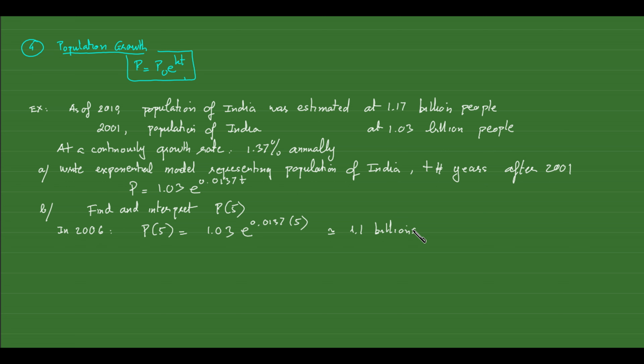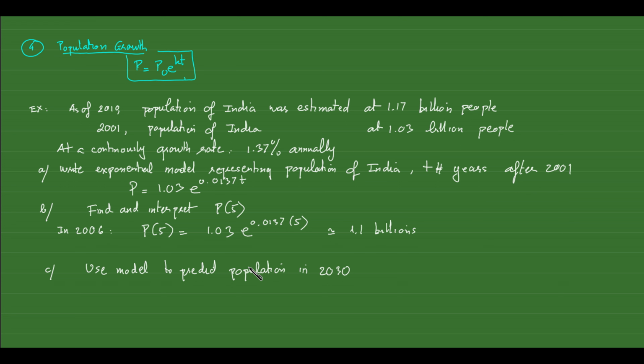Now use the model to predict the population in 2030, which is how many years? It is 29 years after 2001, right?